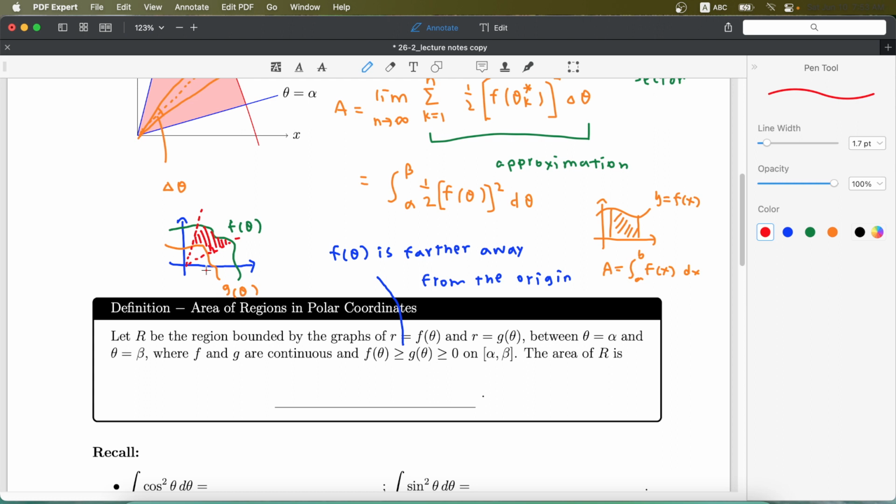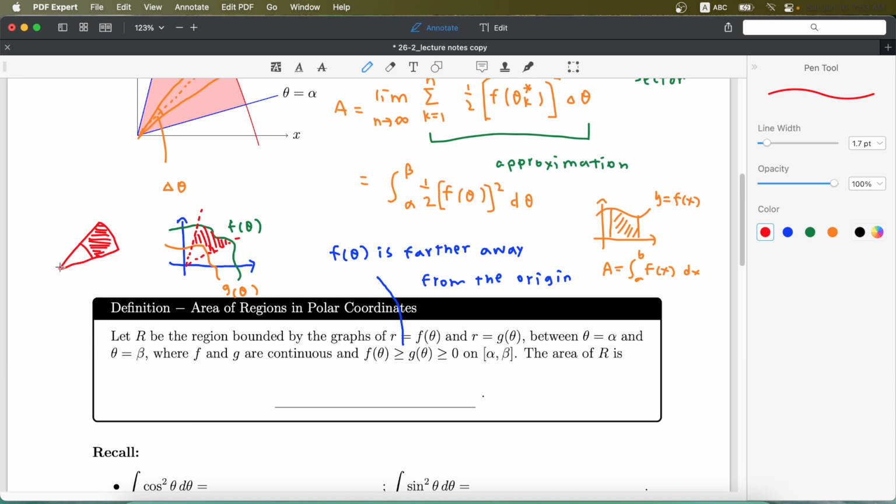So basically we want to use the same idea. Right here, you notice that if we use the slice and sum strategy, we want to evaluate the area of this sector. So we want to use the area of the larger sector minus the area of the smaller sector.